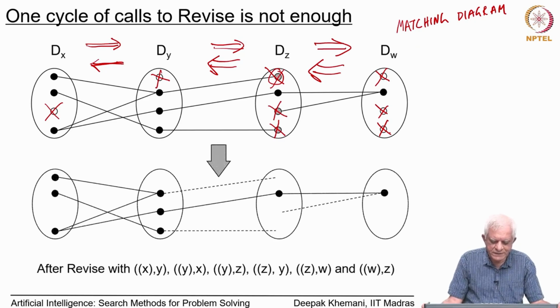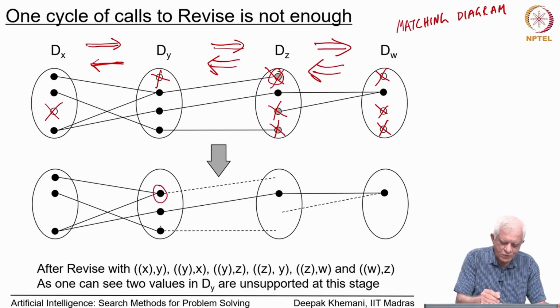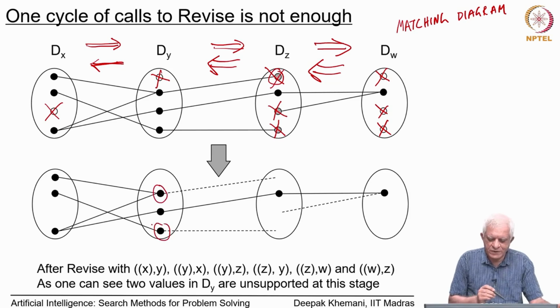So, if we do this whole thing in this direction, then this is what will happen. We will get a network which looks like this. So, the values that have been deleted on the top have vanished from the bottom part of the graph, and you can see that there are 2 nodes in the domain of y which are not consistent with respect to z.